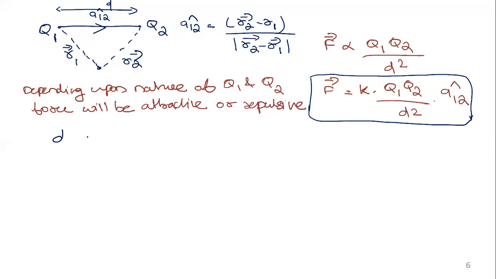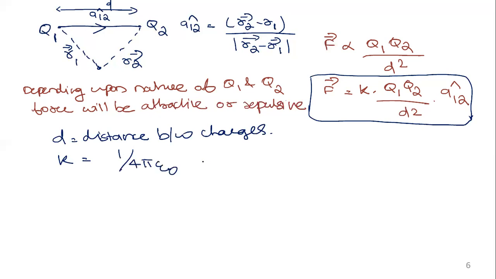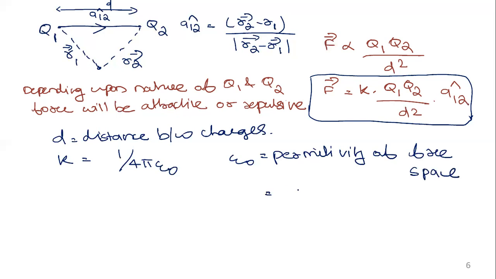Here d is the distance between the charges. And what is K? K is equal to 1 by 4 pi epsilon 0, a proportionality constant, and epsilon 0 is the permittivity of free space, equal to 8.854 into 10 raised to minus 12, unit farad per meter.